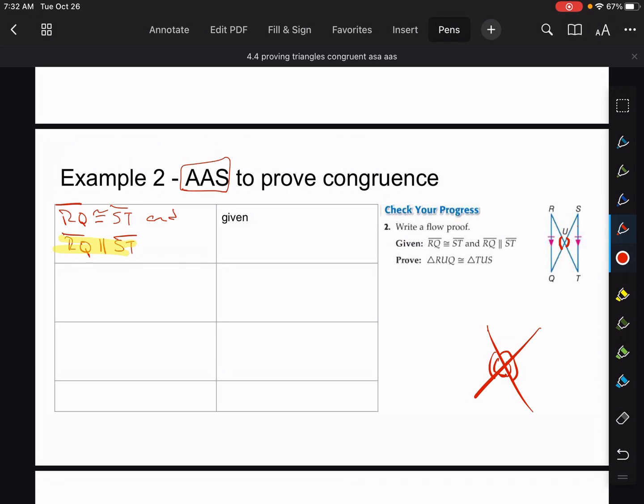So we can say that angle SUT is congruent to angle RUQ, and the reason for that is the vertical angles theorem.